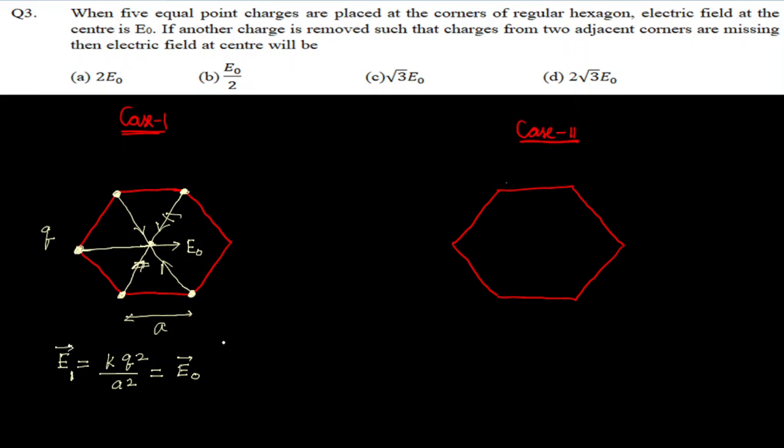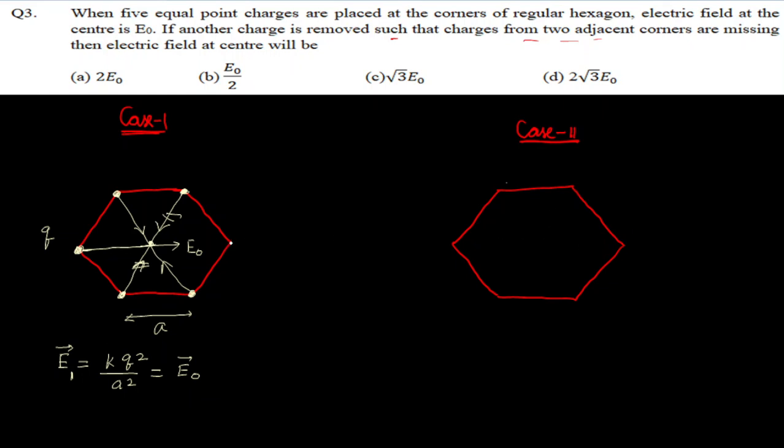Okay, so now come to the second case. In the second case, what has been written in the question is that if another charge is removed such that the charges from two adjacent corners are missing, then find the electric field at the center. So now we have to remove another charge from these 5 charges.